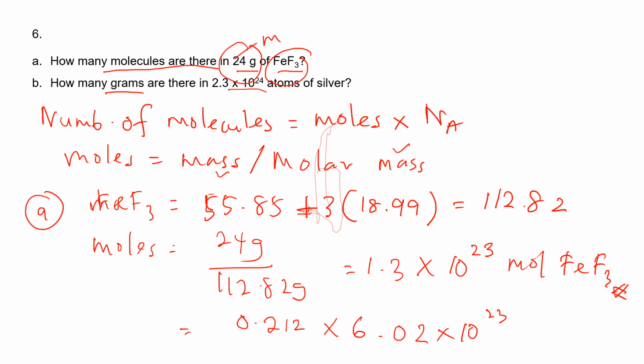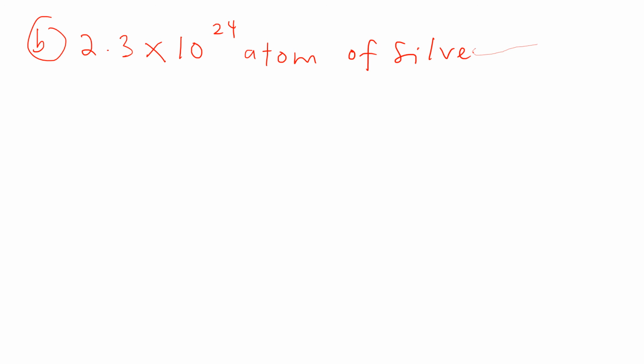Okay, so you have the number of atoms, 2.3 times 10 to the power of 24 atoms of silver. Okay, the symbol is Au.